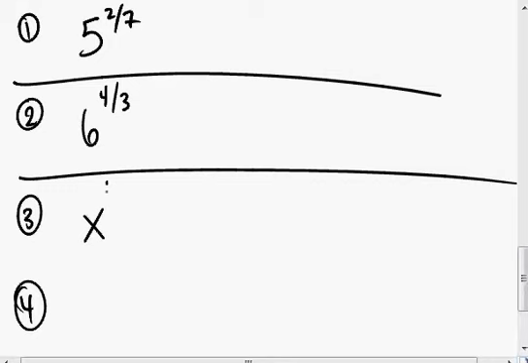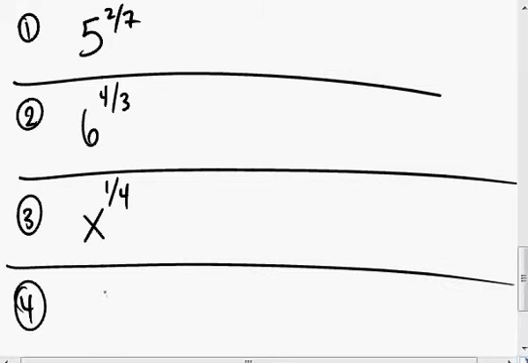X to the 1/4. And 9 to the 1/2. Okay, so just getting started here, all this is just convert these from exponential form into radical form. Those numbers are the index.